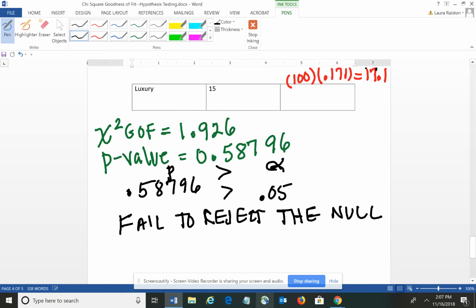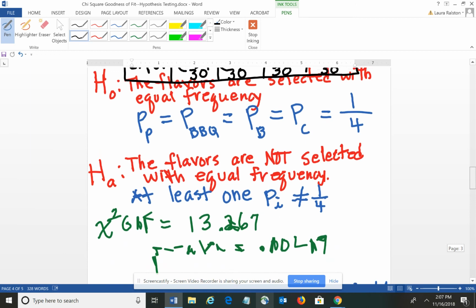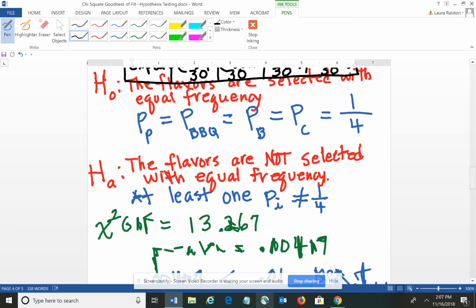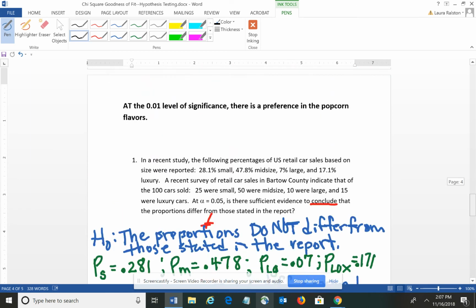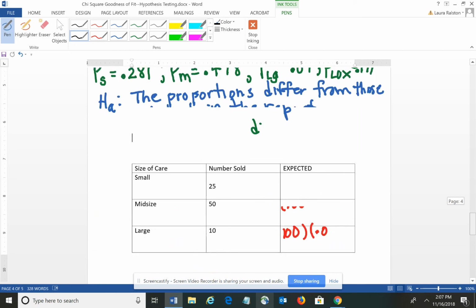If we fail to reject the null, that means that the null is true, correct, valid, whatever statements you want to use. So we would conclude the proportions do not differ from those stated in the report.